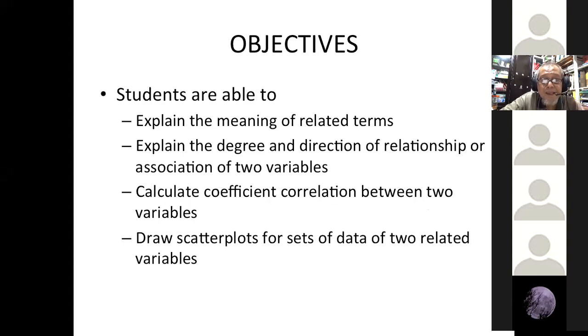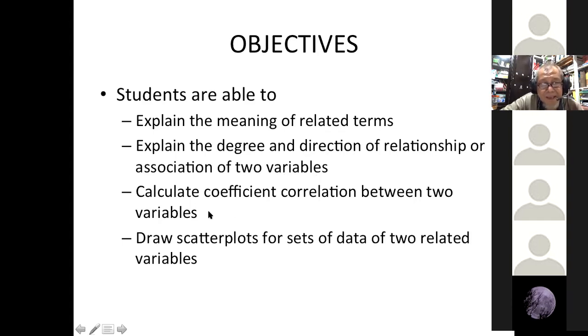You will be able to explain the meaning of related items or the relationship between one variable and the other variable, and then explain the degree and direction. Remember this, degree and direction of relationship in association of two variables.